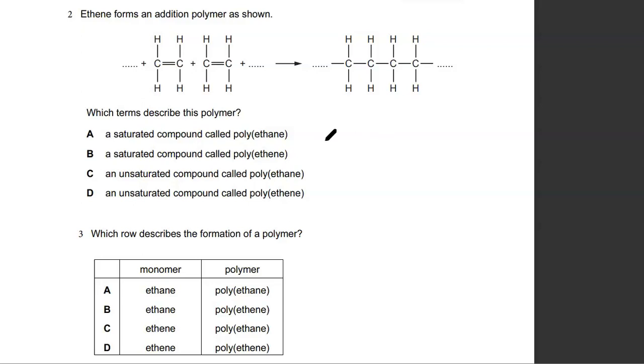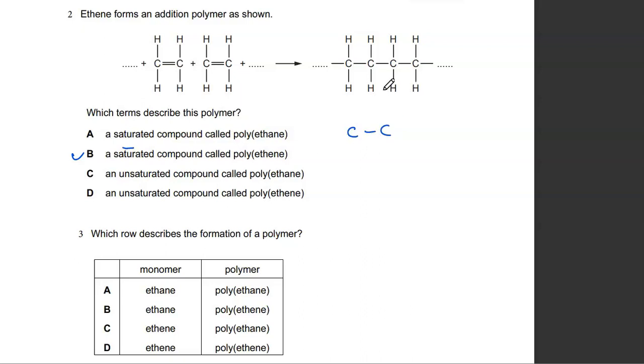B. Did you choose B or D? B. Okay, B is correct. It's a polyethylene. Saturated means single bond. So that's a saturated compound. Saturated compound is single bond.